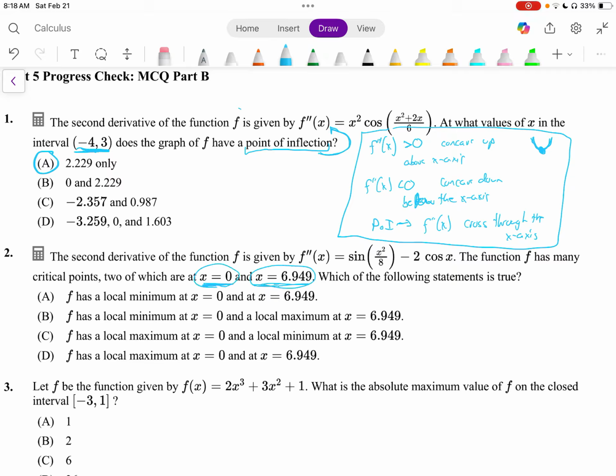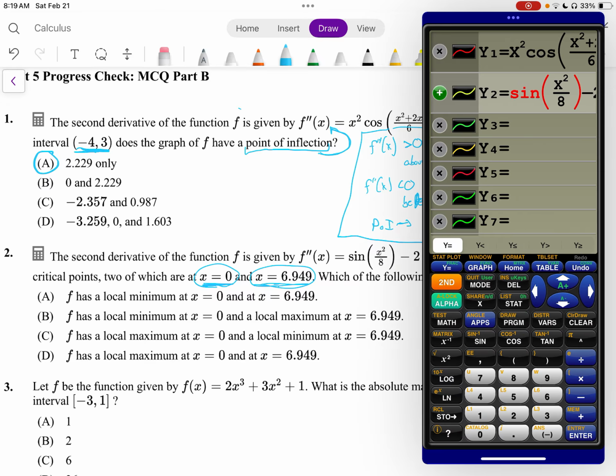If the second derivative is positive, it's concave up, which means we will have a minimum. If the second derivative is negative, or below the x-axis, it will be concave down, which means we will have a maximum. So let's take a look at that graph.